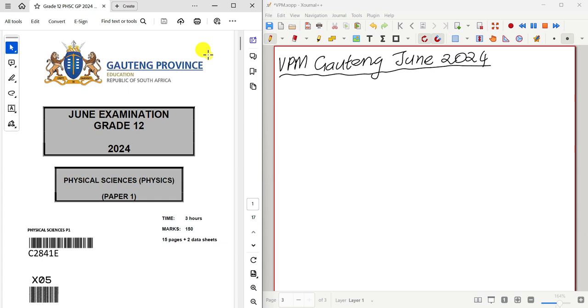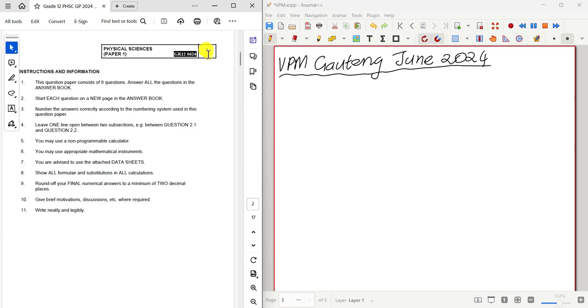As is the norm, we're going to read instructions, and we'll select a few, probably 3. Instruction 8 says, show all formulae and substitutions in all calculations. Instruction 9, round off your final numerical answers to a minimum of 2 decimal places.